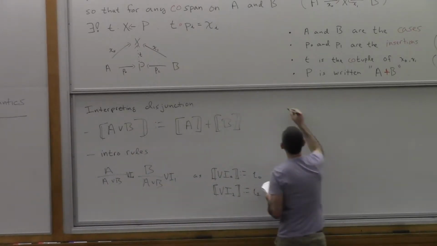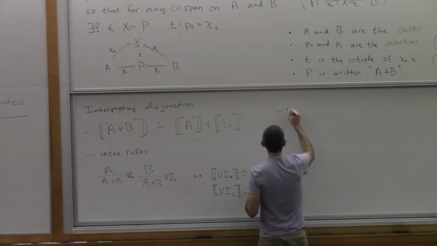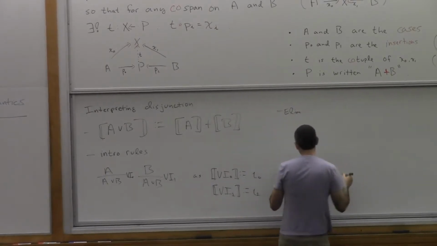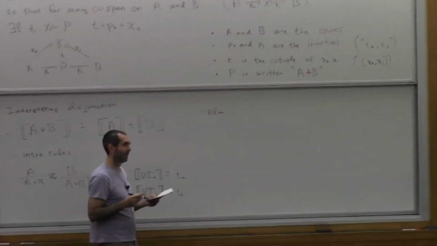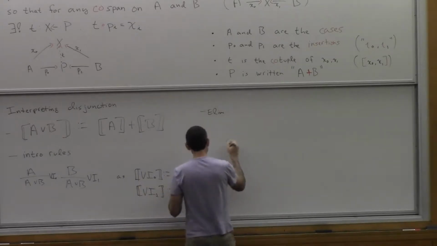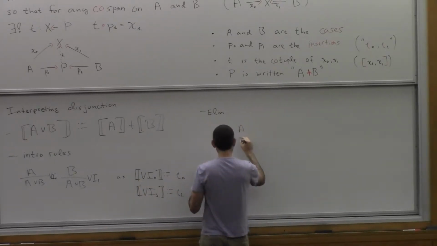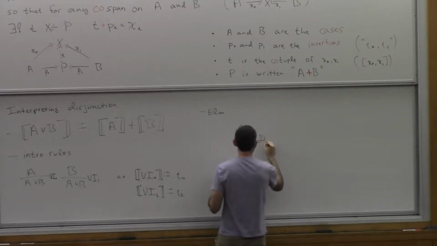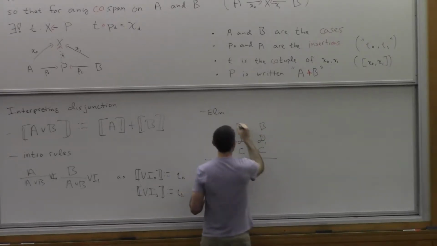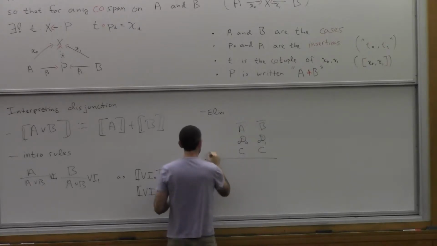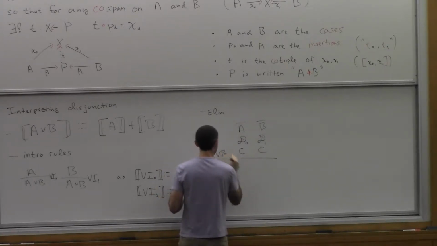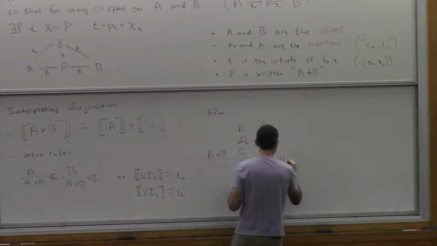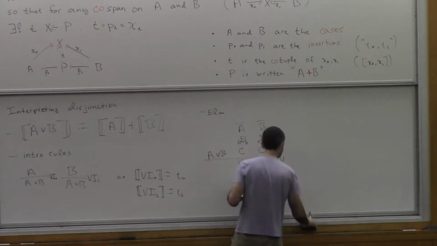And now we come to the other rule, and something slightly interesting happens. Something quite interesting happens, which is this. So let me write one version of this, and then we'll look at it and see why it's not quite right. So if from A, I have a derivation D0, from which I can infer C, and I have a derivation D1, which from B I can infer C, then I can cancel these assumptions, and from A or B, I can infer C. This is my or elimination rule.